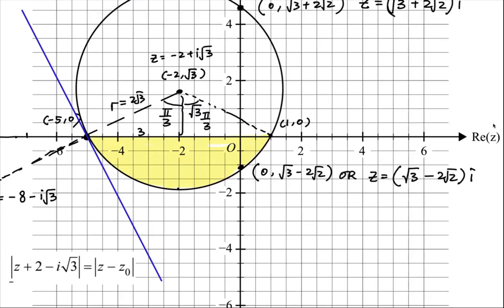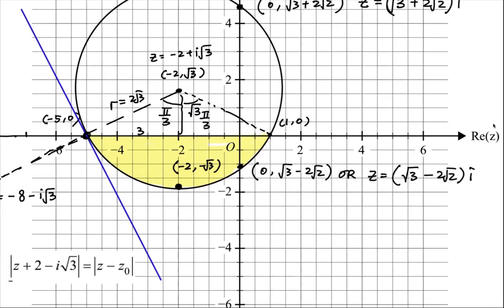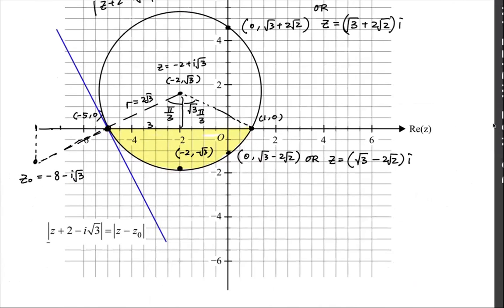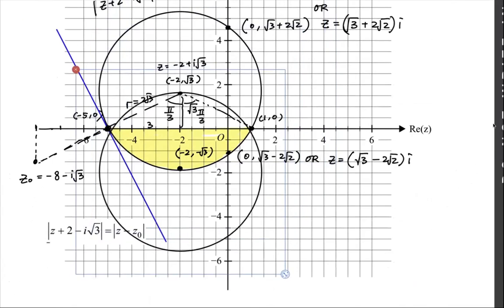Okay, so basically I should be expecting another circle here, like a minus 2 minus root 3. And it should intersect with the same two intercepts, okay? So I actually reflect the circle about the x-axis or real axis, okay?